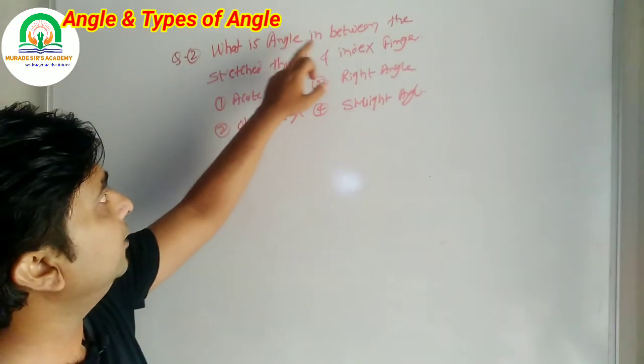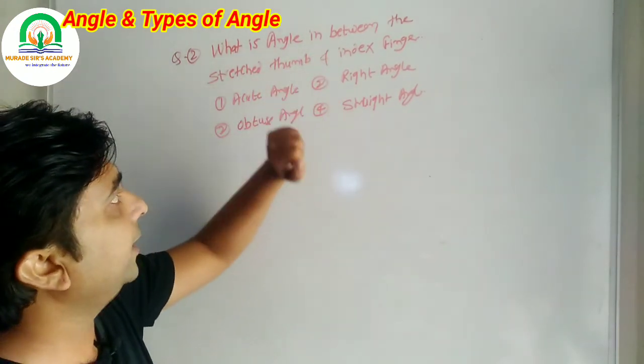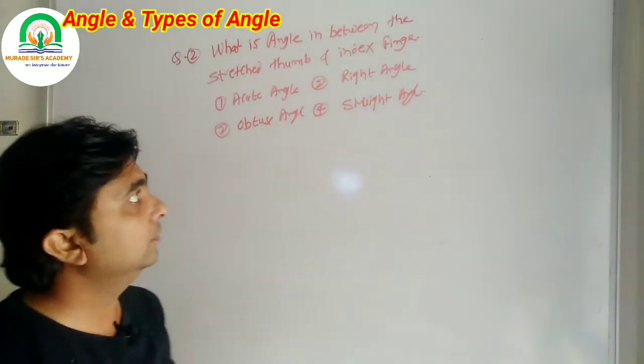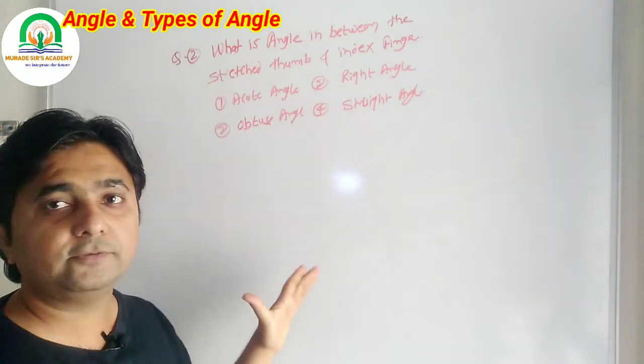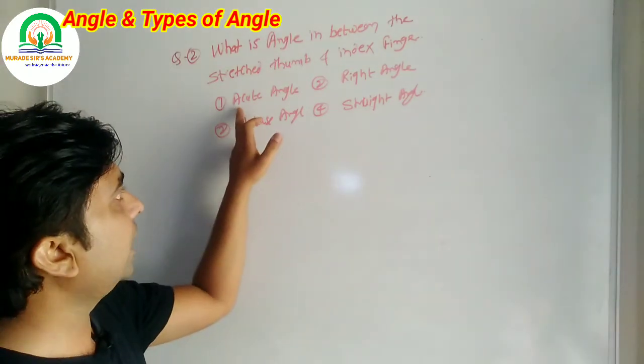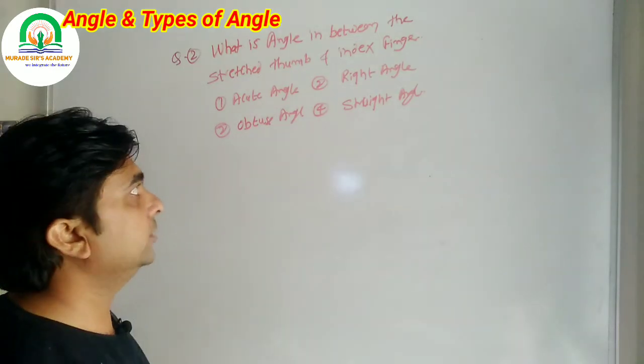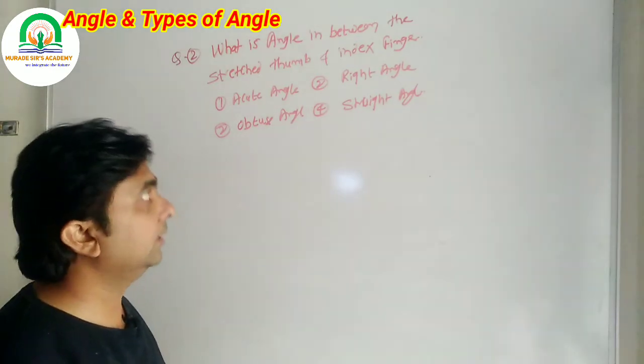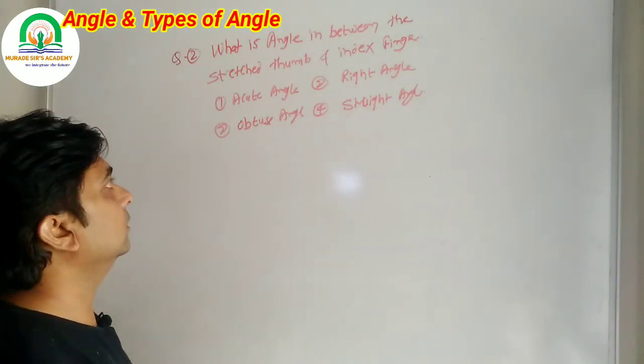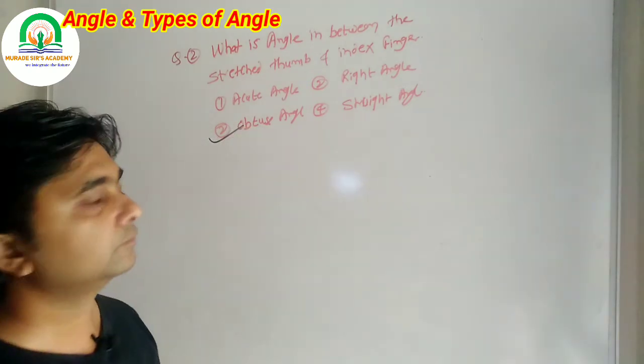What is the angle between the stretched thumb and index finger? The options are acute, right angle, obtuse and straight. Comment. Right, obtuse angle.